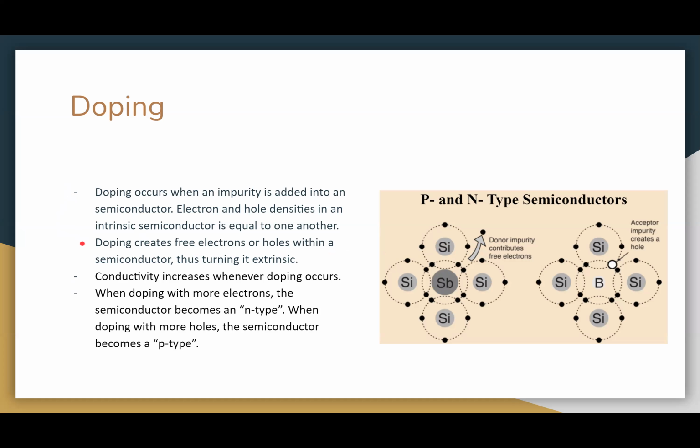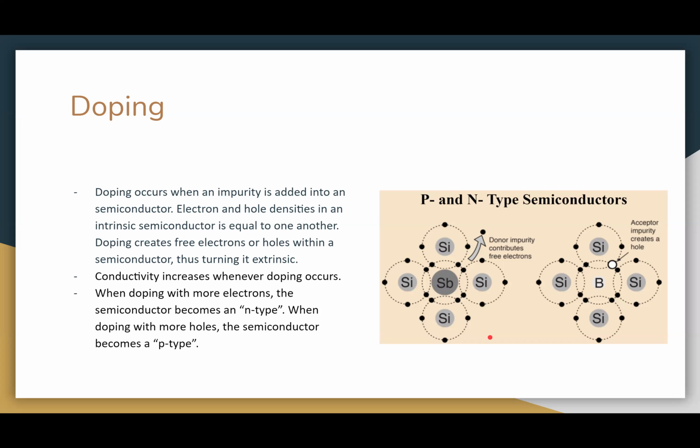Therefore, doping creates free electrons or holes within semiconductors, thus turning this silicon lattice into an extrinsic semiconductor. Before, when it was just silicon all the way, it was a pure silicon crystal lattice, so we would refer to it as an intrinsic semiconductor.